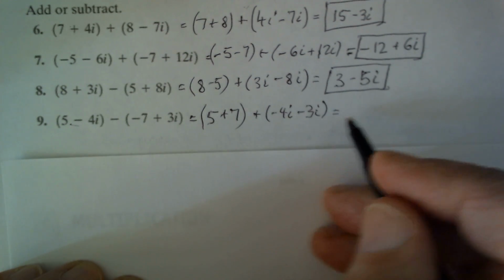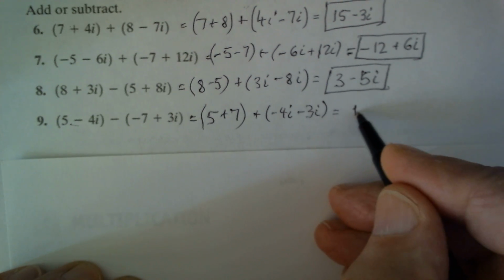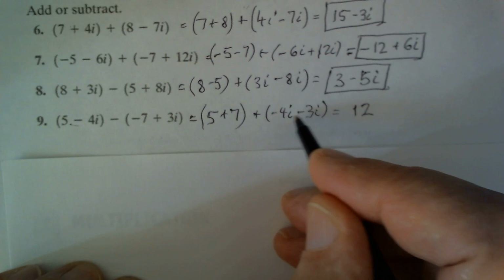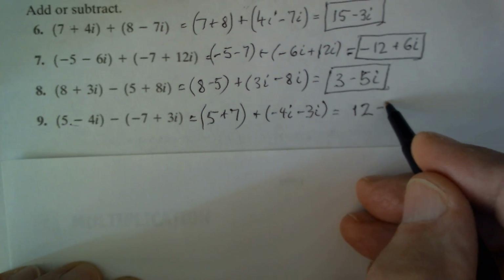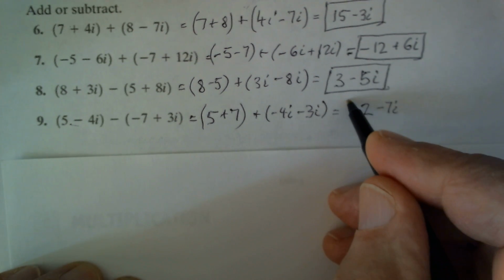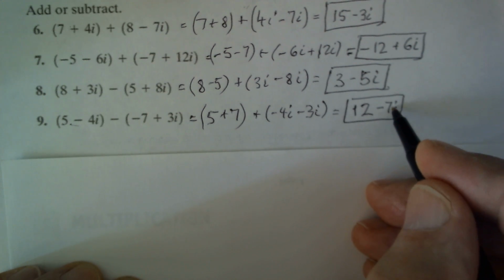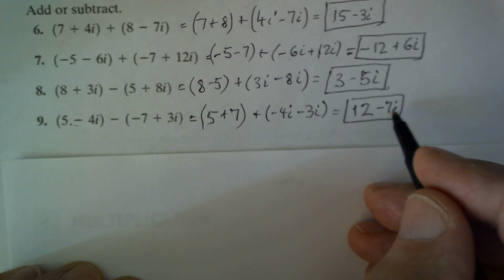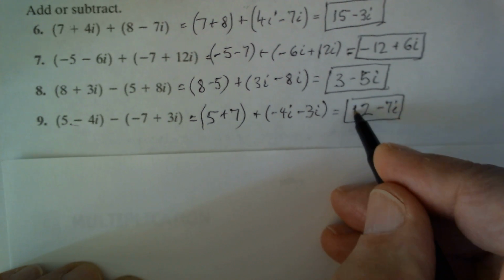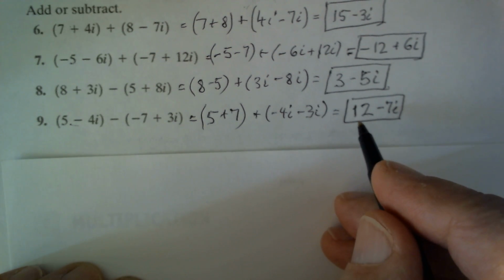So 5 plus 7 is 12, and minus 4i minus 3i is minus 7i. So you can treat complex numbers almost like binomials.